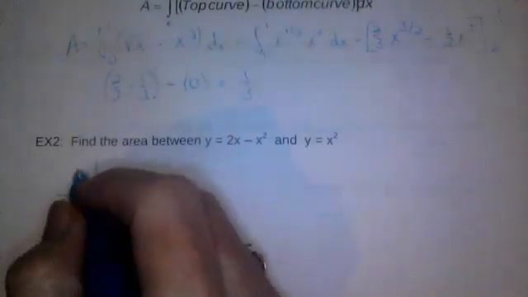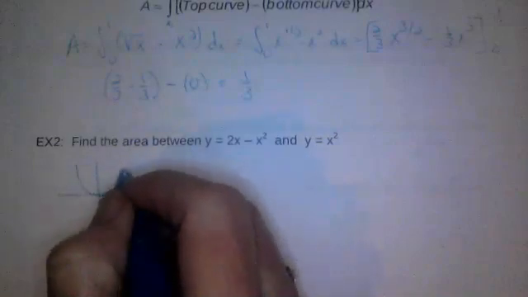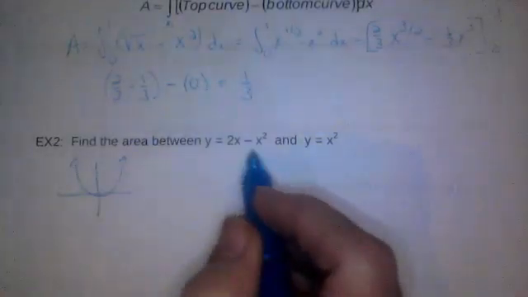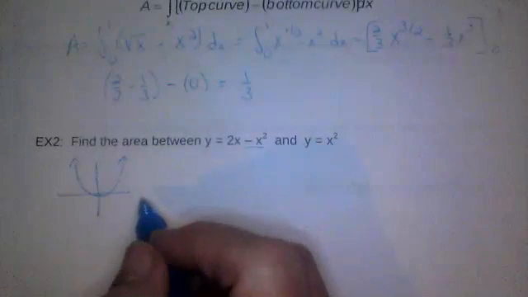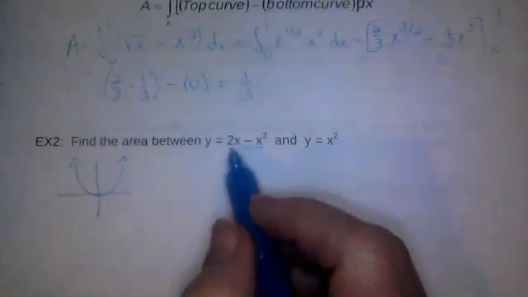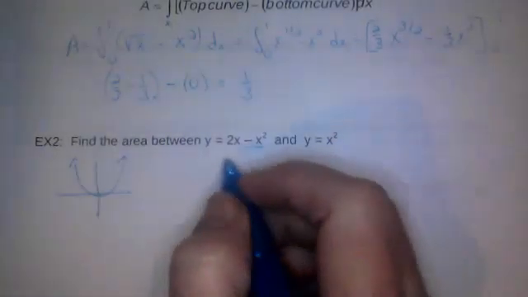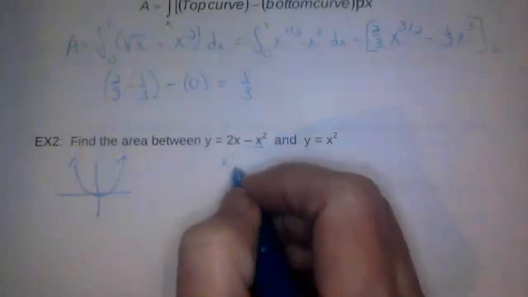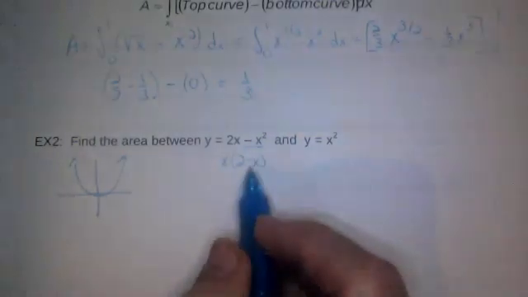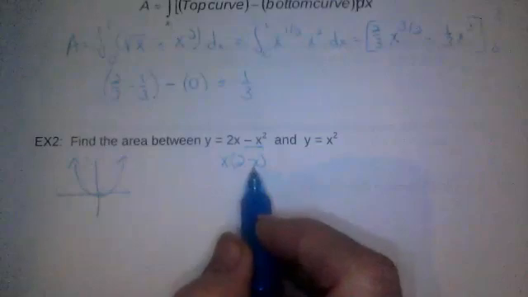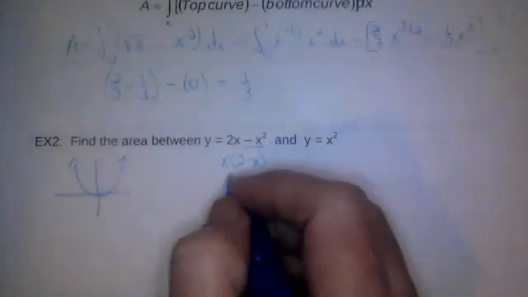We know that y equals x squared looks like this. And this is a negative x squared graph, which is going to go the other way. Also, we know here that if I factor out x, this would be 2 minus x. So x is 0 or x is 2.